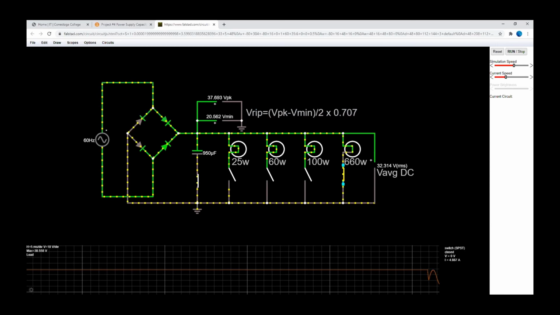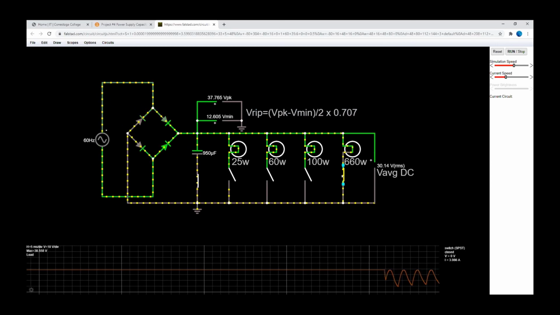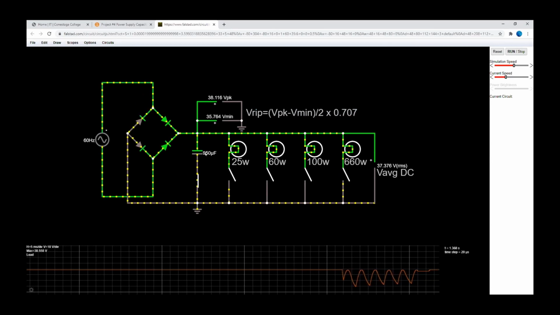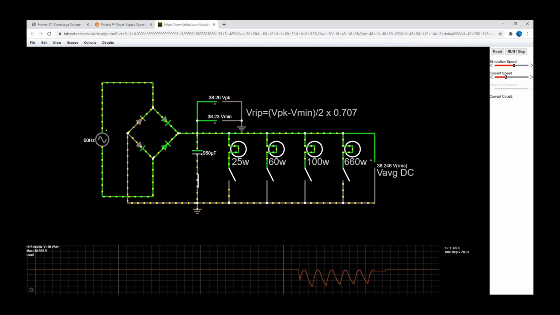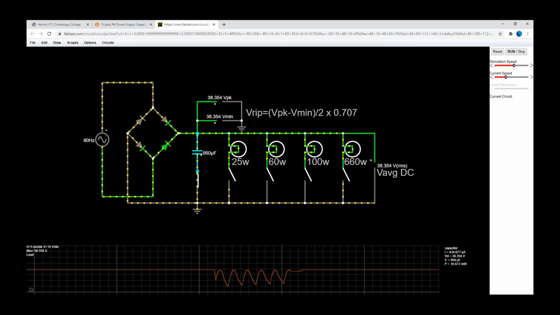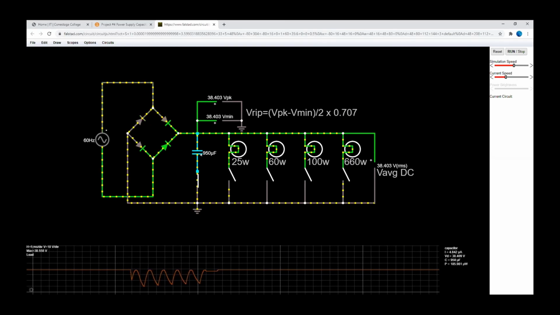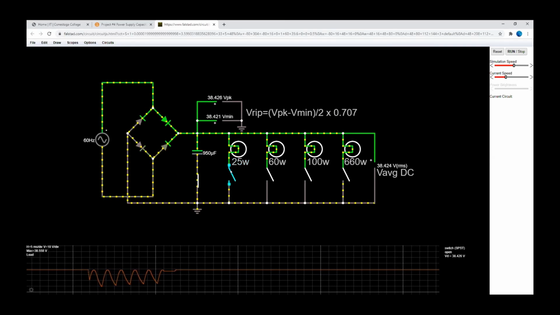And that ripple voltage is going to change depending on two things. It's going to decrease if you increase the capacitance, and the ripple voltage is going to increase if you increase the load.